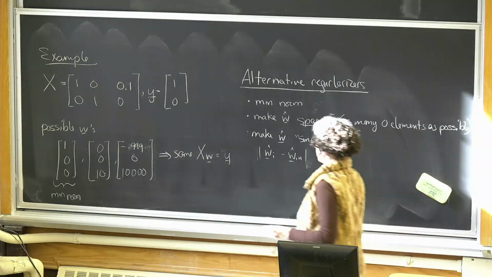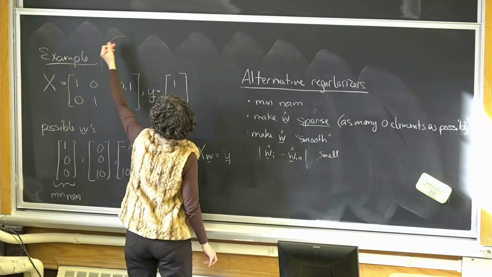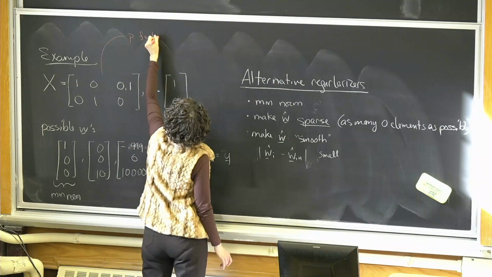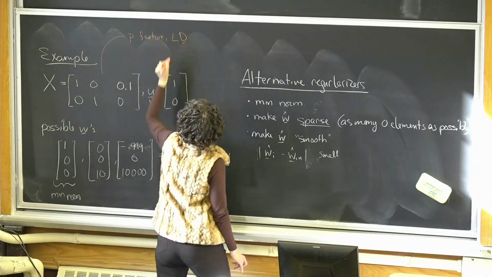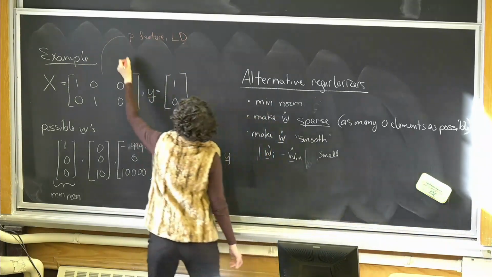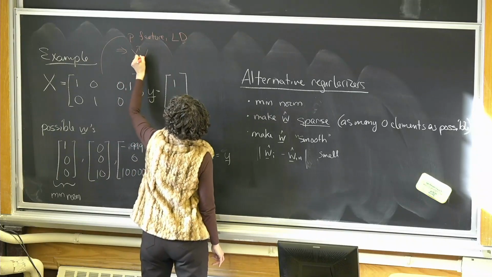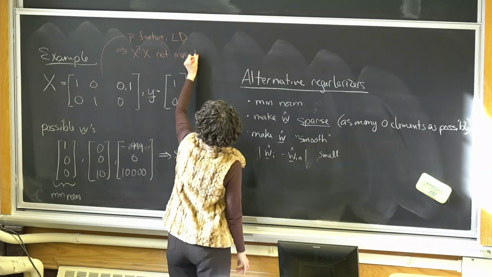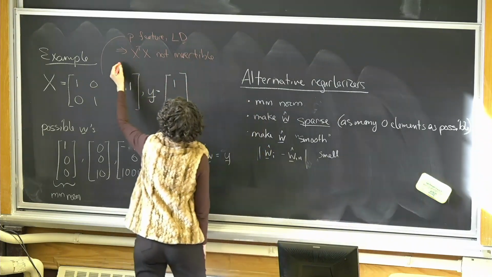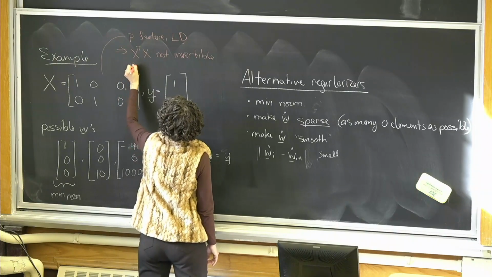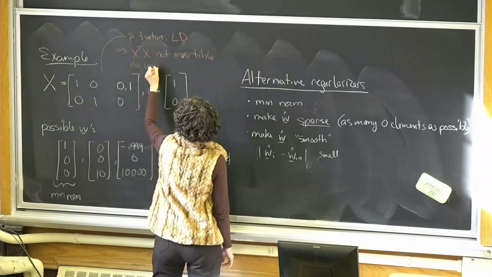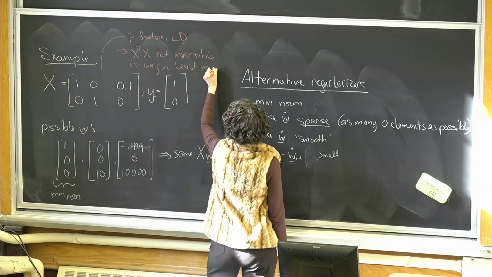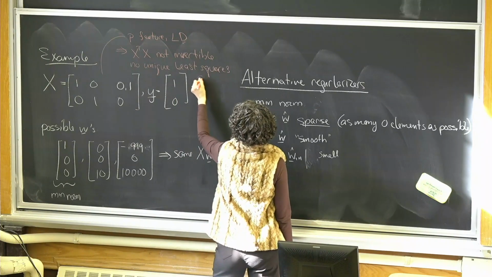So in this setting, this particular X, we have P features, and they are linearly dependent. And so, as we've talked about before, X transpose X is not invertible. And there is also no unique least squares solution.